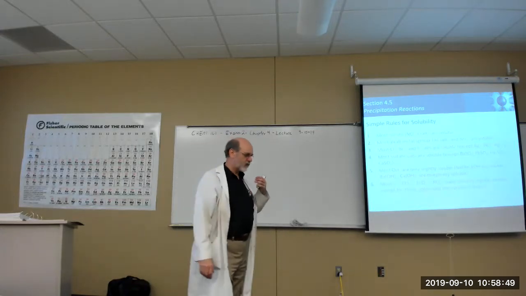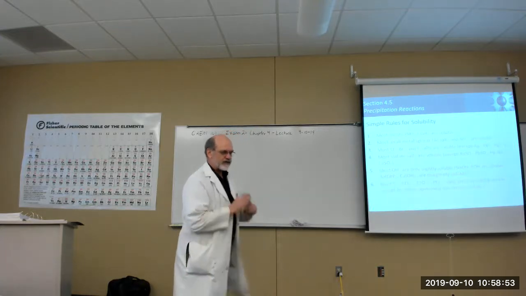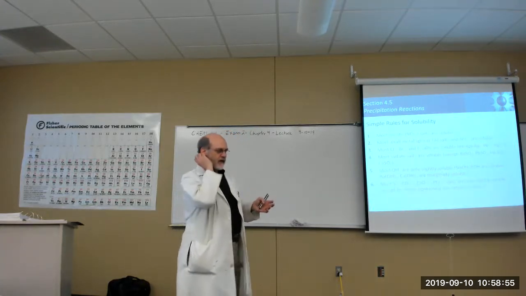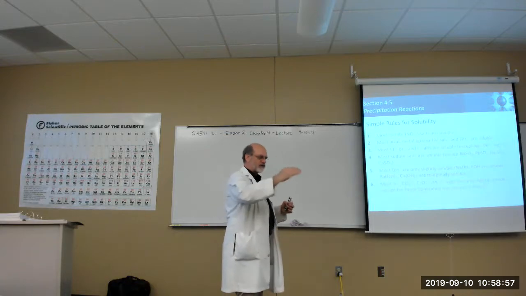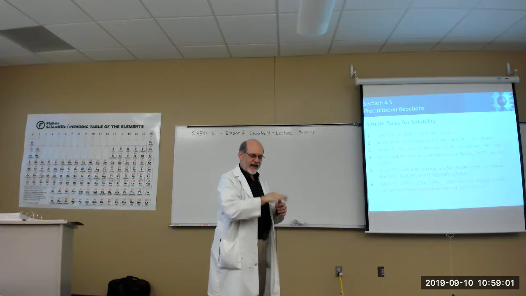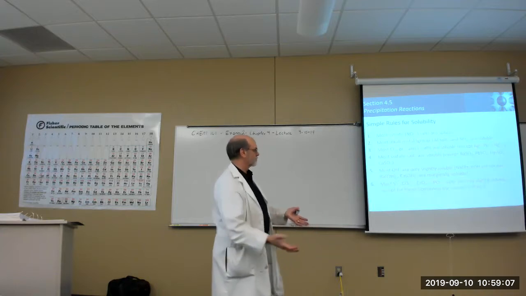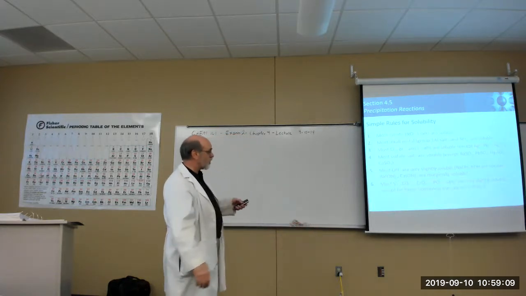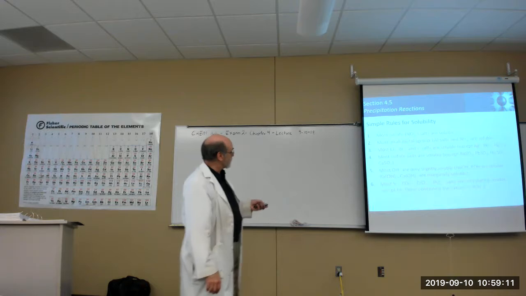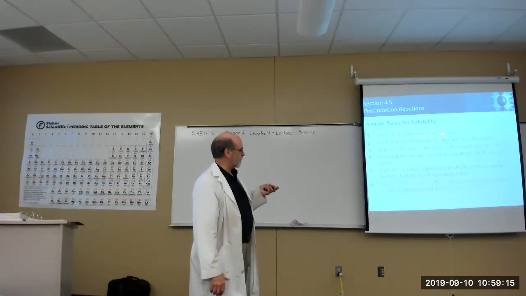We can approach solubility in two different ways. One is a set of rules that guide us through the process of determining whether a cation and an anion in solution will form a precipitate or remain in solution. So this set of rules says that nitrates are soluble.